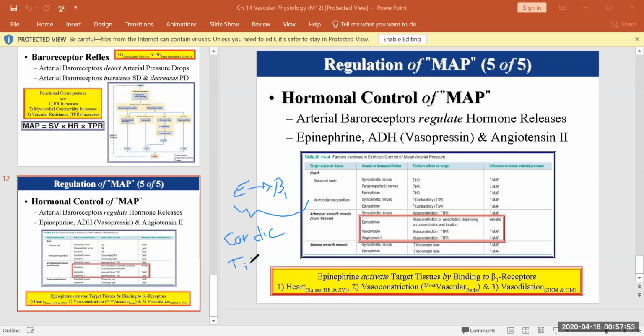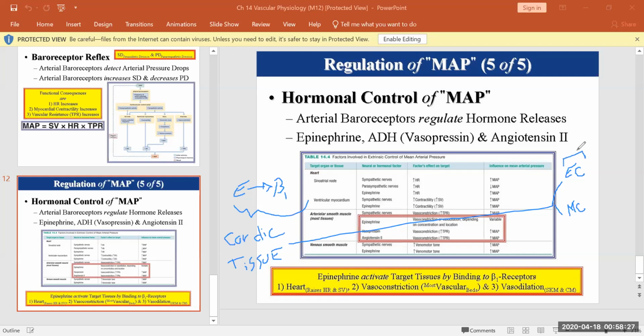There's a reason why I use the word tissue. When I say cardiac tissue, I'm talking about the electrical component of the heart, and I'm talking about the mechanical component of the heart.